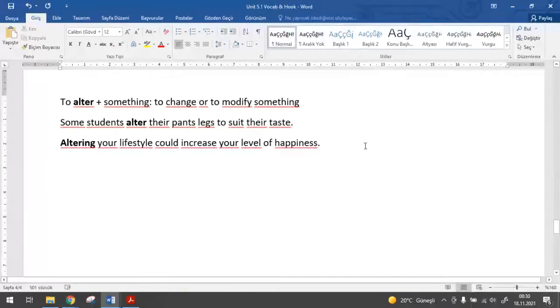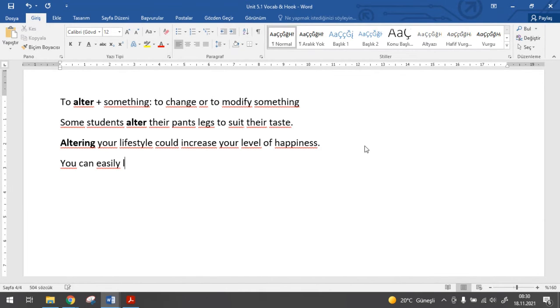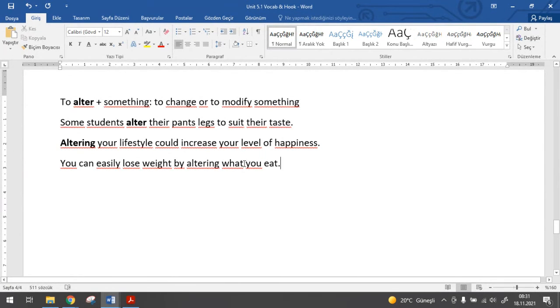So altering your lifestyle could increase your level of happiness. One more. You can easily lose weight, for example. You can easily lose weight by altering what you eat or how much you eat.